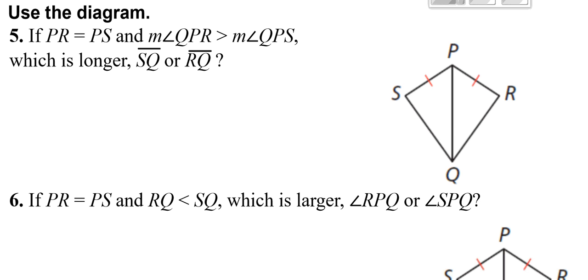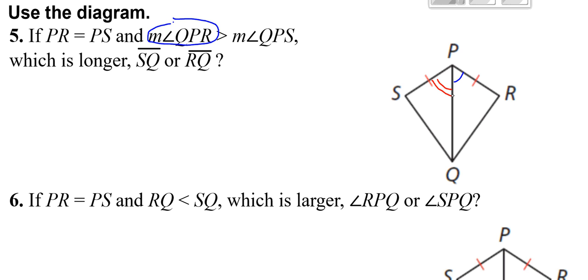On 5, if PR is congruent to PS, so we have the markers there, and the angle QPR, so this angle is larger than this angle, QPS, it's larger than that one, which is longer, SQ or RQ?